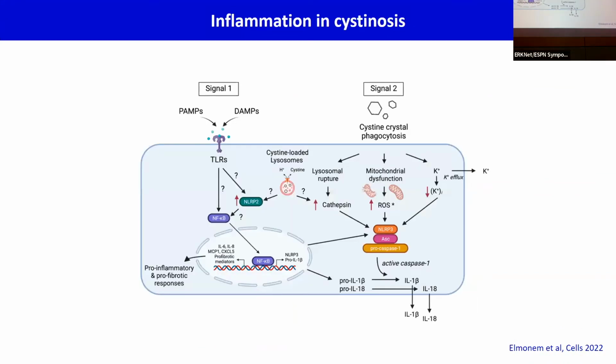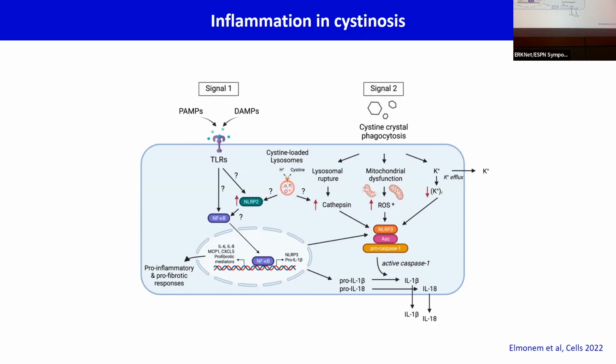So this slide summarizes the data that has been gathered in terms of inflammation in the past 10 years. Most of this data comes from the laboratory of Giusy Prencipe in our hospital, with whom we have collaborated. What she has very nicely shown is that pathogen- and damage-associated molecular patterns, PAMPs and DAMPs, somehow activate this intracellular inflammation receptor, the NOD-like receptor protein 2, which causes inflammation.